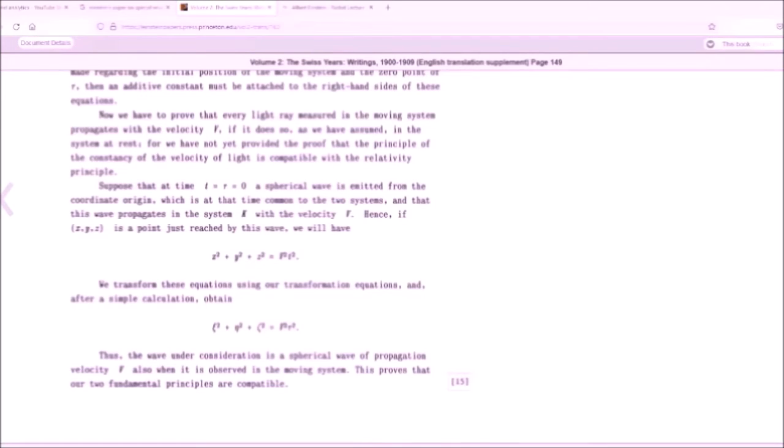Another way he is going now to try to prove that the constancy of the speed of light can determine the function phi.